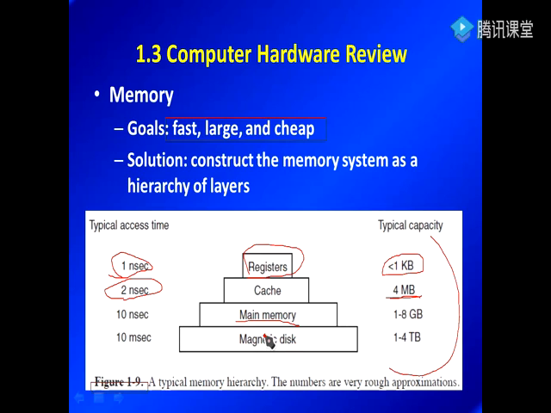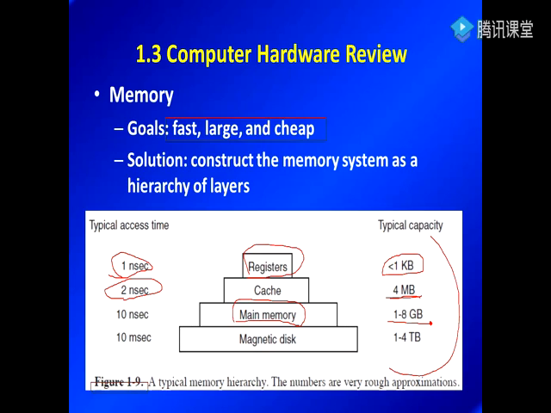And next one is the main memory. I don't know the capacity of your main memory. For mine, it's around just 8 gigabytes, because this figure was presented in 2014.